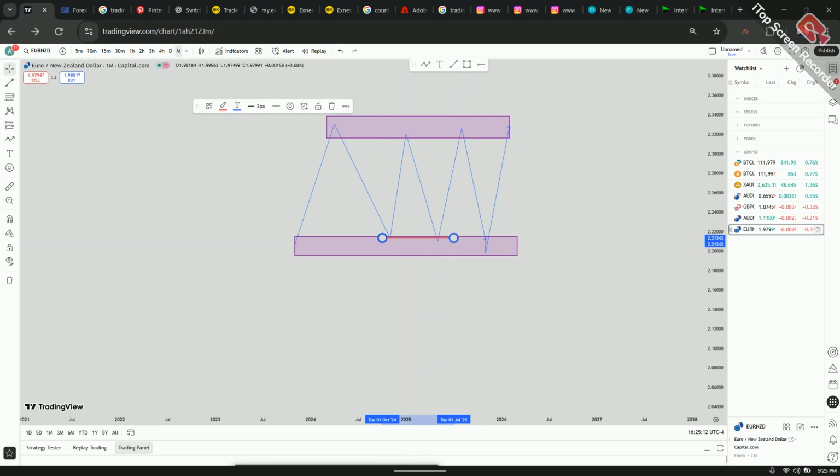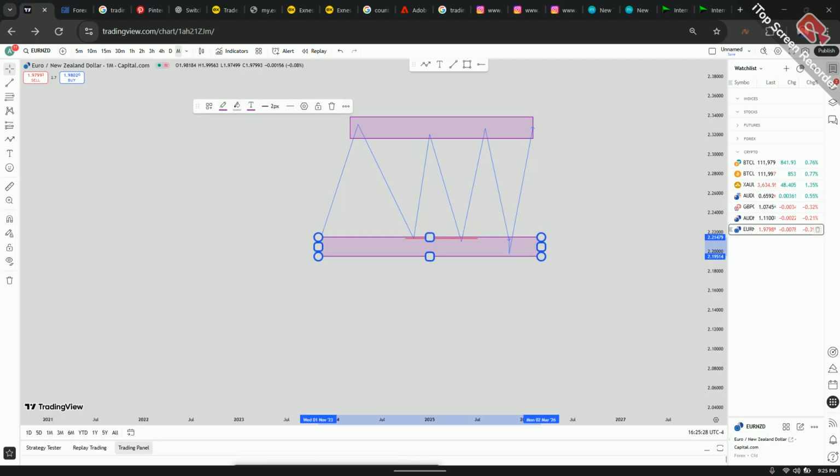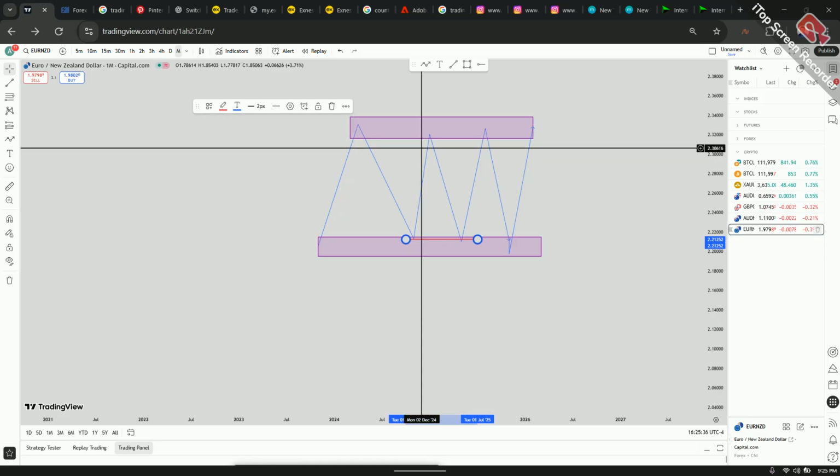And while the market is coming down on the third touch to get to this support zone, then go up, the market makers will not allow that to happen, right? So they are going to use this zone here as liquidity, all right?